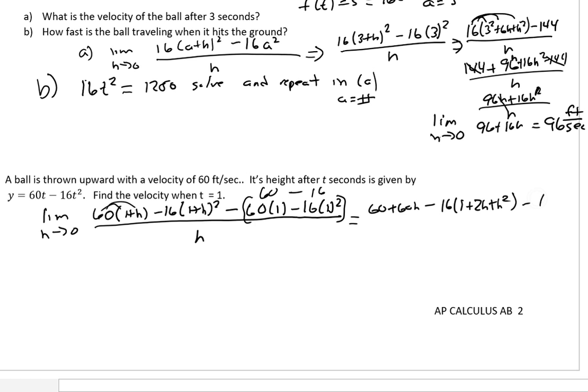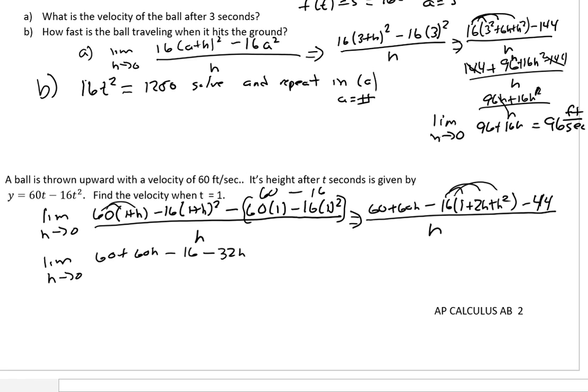Use an arrow instead of an equal sign there. Distribute this and combine like terms. So minus 16, minus 32h, because we have to distribute that negative with the 16, minus 16h squared, and minus 44, all over h.